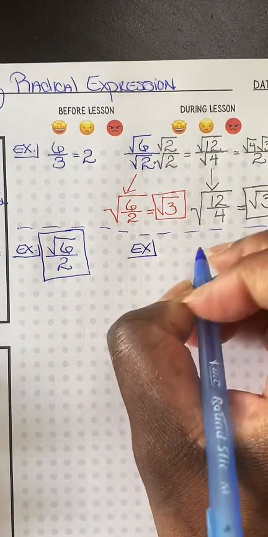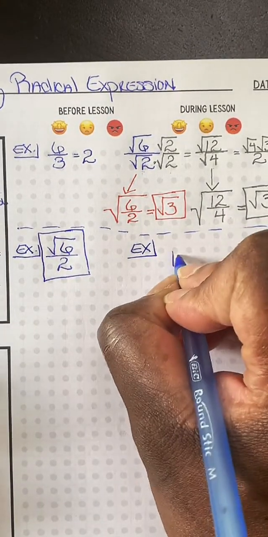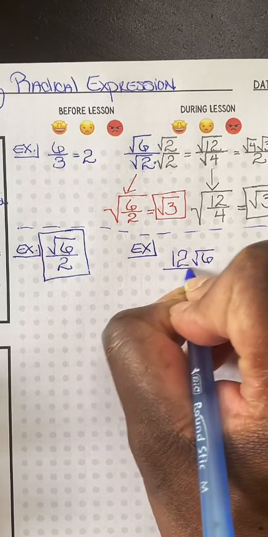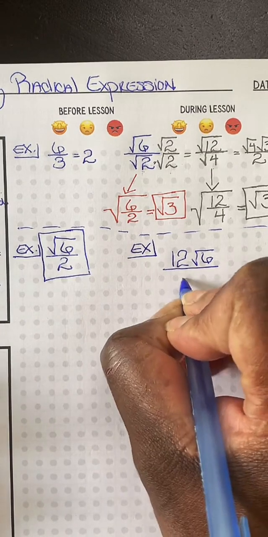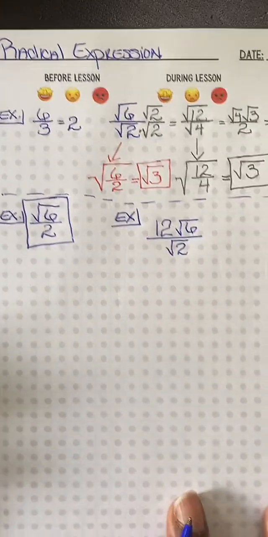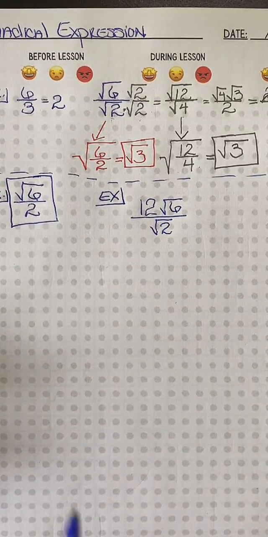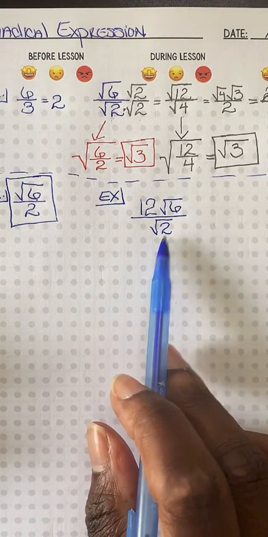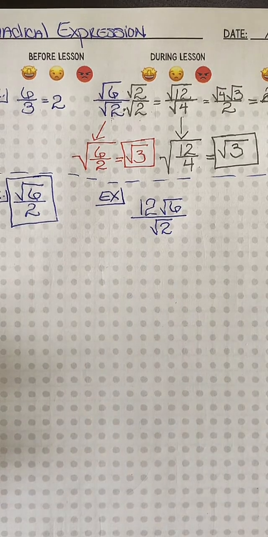So if I had 12 square root of 6 over square root of 2, 12 square root of 6 over square root of 2, what do you think my answer will be?